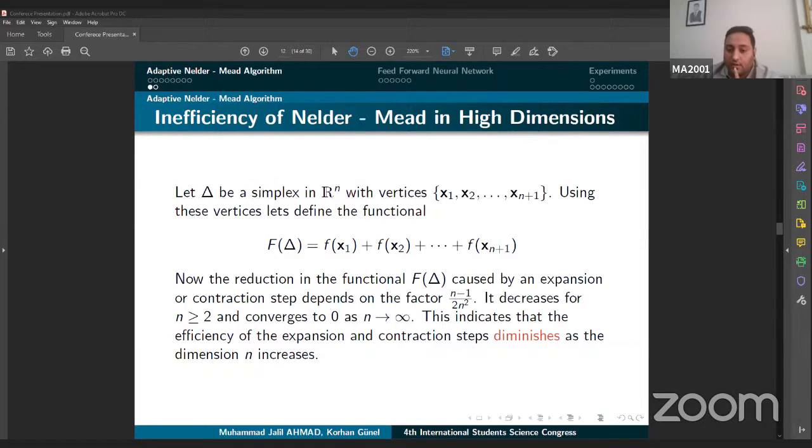And if we consider this factor, when we increase the number n, which is the dimension, then this factor converges to 0 as n approaches infinity. So that's the main problem with the Nelder-Mead method. Of course, it is a very efficient algorithm, but if you are working in higher dimensions, let's say 1,000 or 2,000, or you have 5,000 inputs, it will not be that efficient as compared to, let's say, 2 variables or 5 variables.